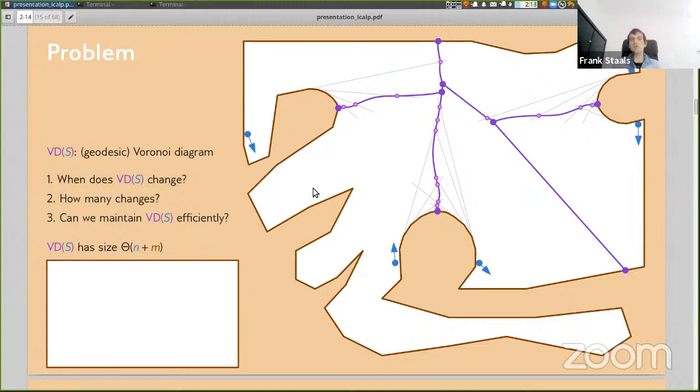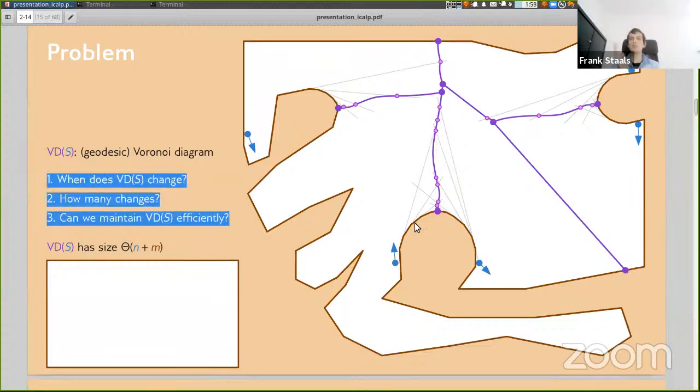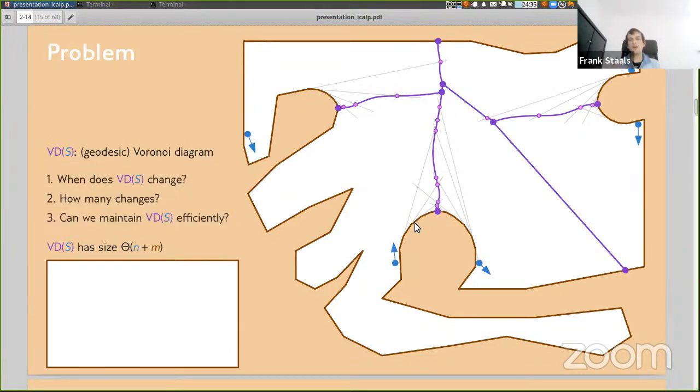The question is, when do these happen? How often can this happen? And can we somehow maintain this type of structure? As you can also see in the background here, there are these pinkish vertices where the bisectors change, and they also cause these changes.